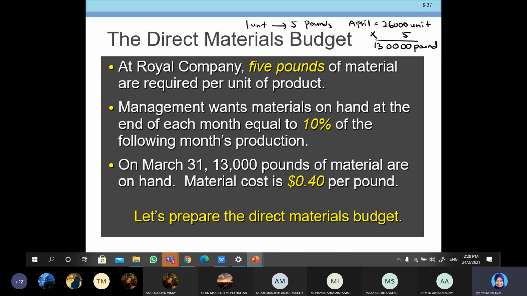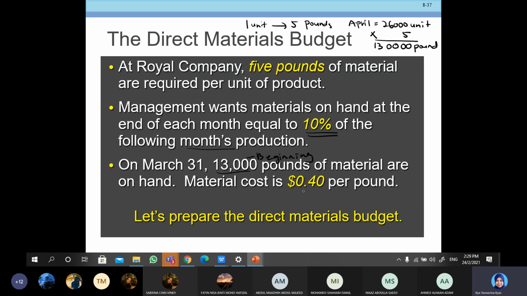Okay, management wants material on hand at the end of each month equal to 10% of the following month production. Okay, on March 31st, 13,000 pounds of material are on hand. So this is our beginning balance. Then this is the desired ending balance, 10% of the following month production.